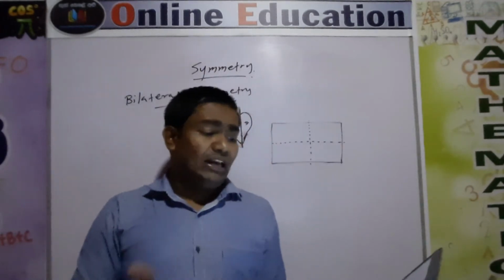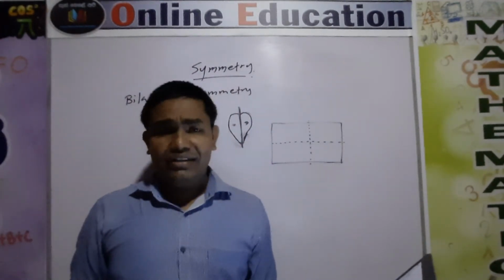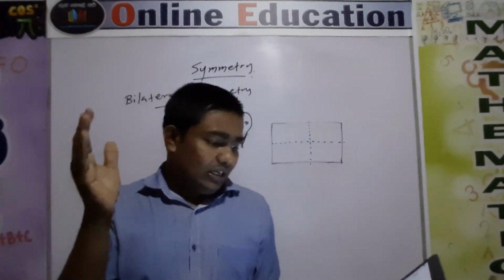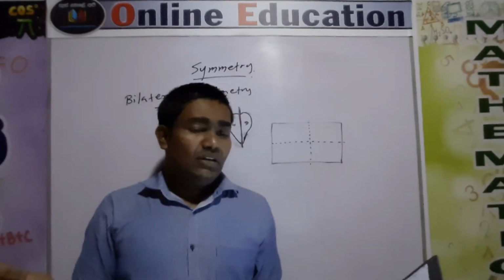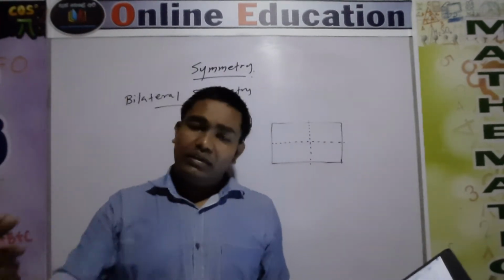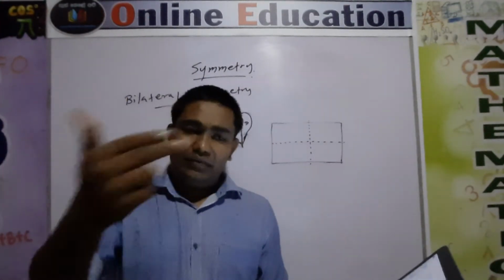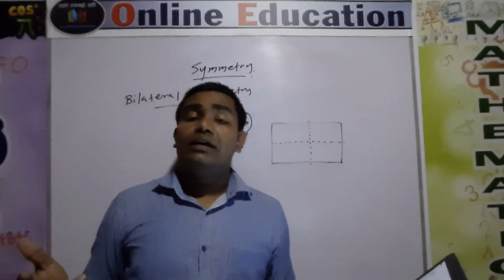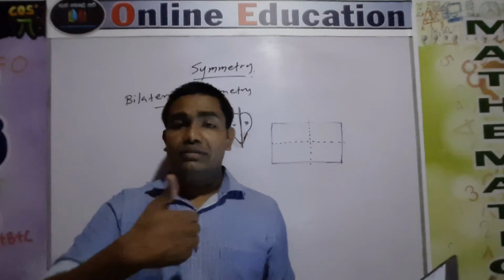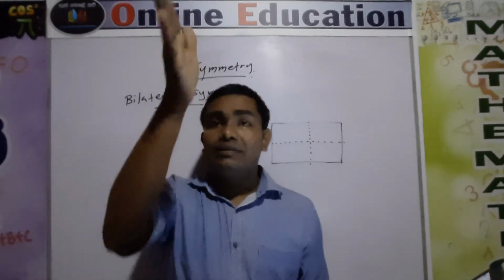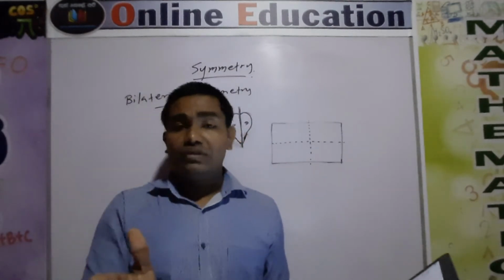Next one, creating plane figures having bilateral symmetry. You can take any paper and scissors. Fold that paper and cut any shape, keeping the side of the fold inside. Then when you unfold it, that fold line will be the axis of symmetry.